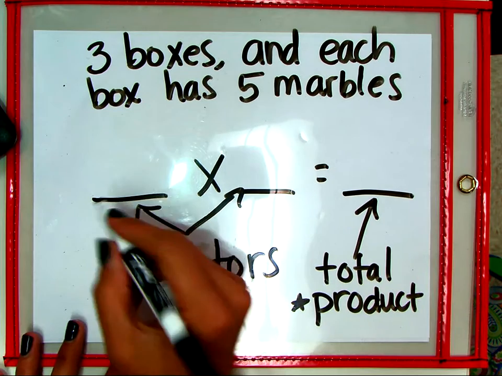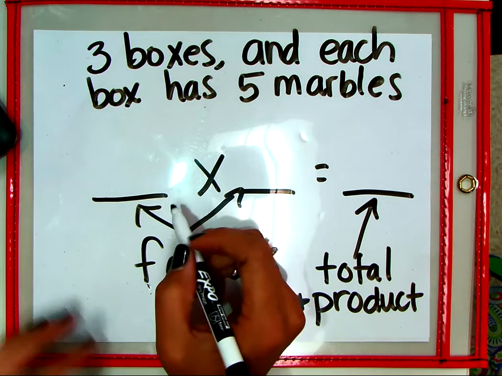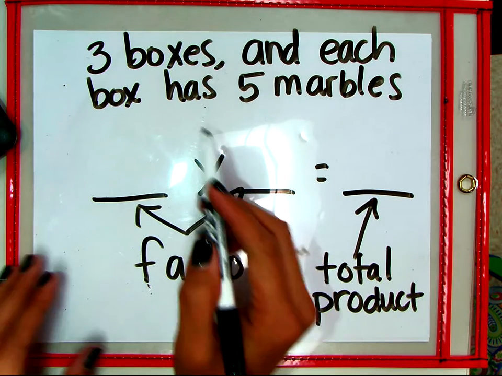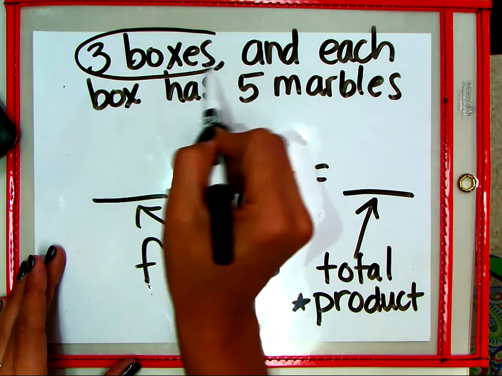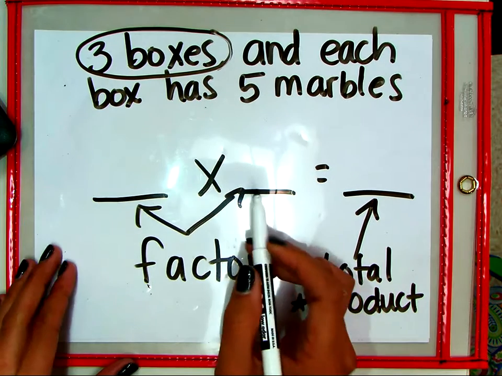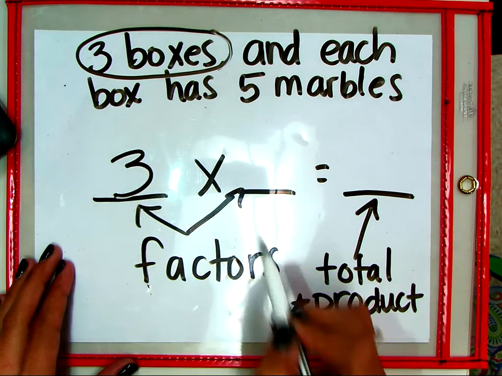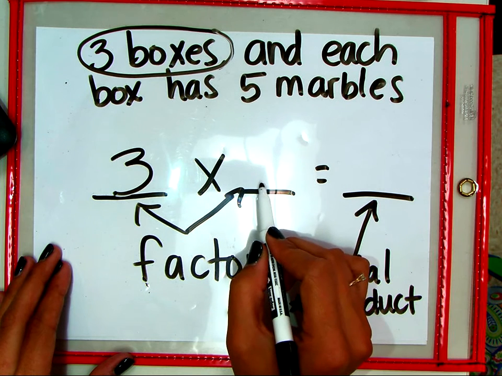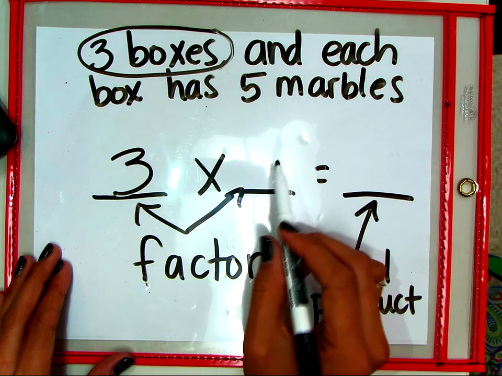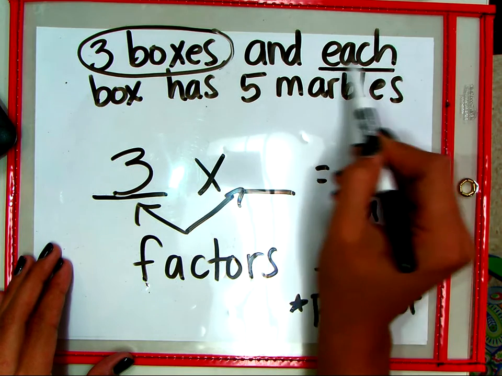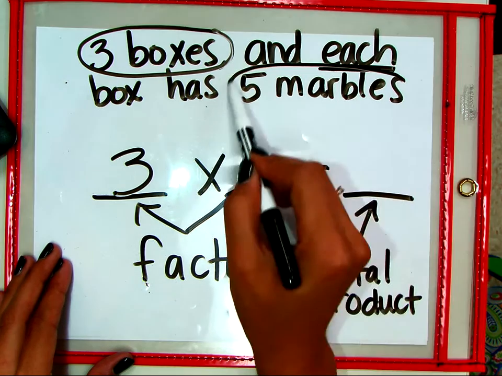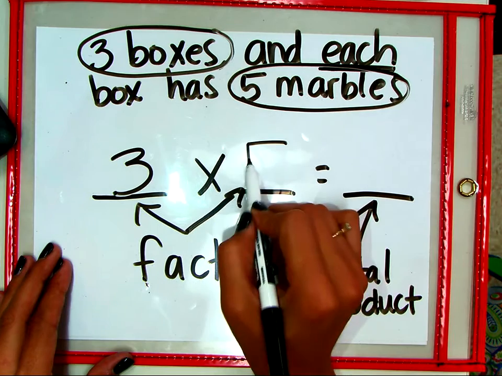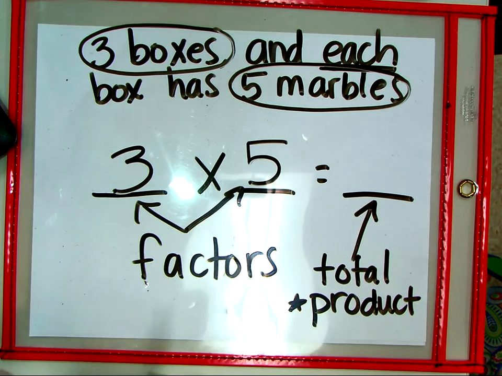The first number represents the number of groups in the story, which in this case is the 3 boxes. They stand for the 3 groups that I have. So I would have 3 as my first factor. The second factor represents the number in each group. Each is a very important word, and in this case I have 5 marbles in each of the boxes.